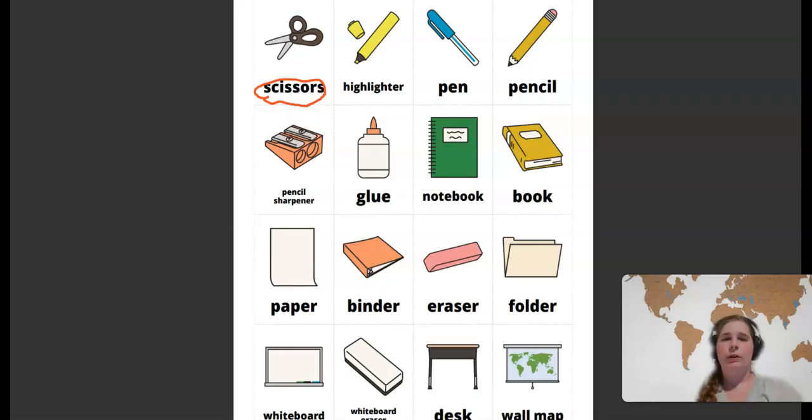What do I use to erase my pencil? I use an eraser to erase or clean my pencil marks.